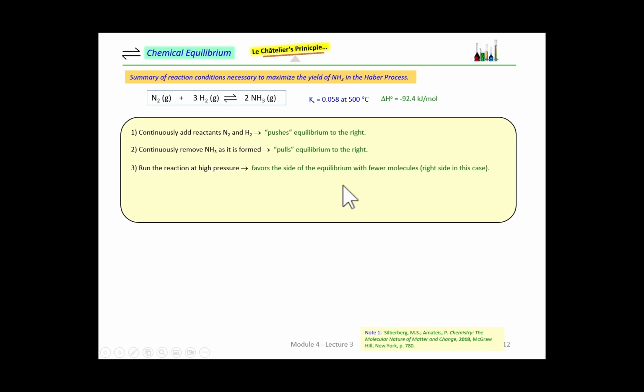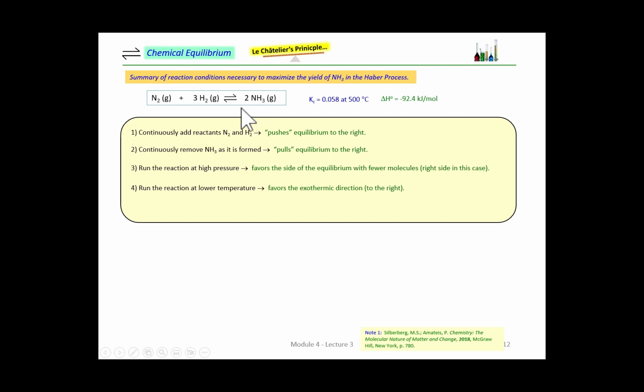Running the reaction at high pressure is a good idea because the high pressure favors the side of the equilibrium with fewer molecules, which in this case is the right side toward ammonia. Running the reaction at lower temperature favors the exothermic direction.